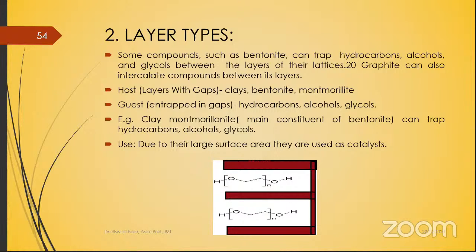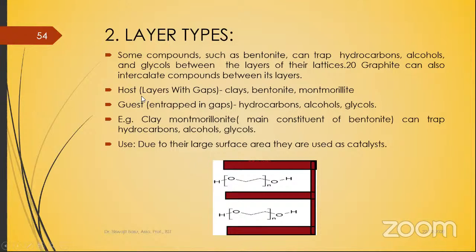Their uses are currently limited, but they may be useful for catalysis on account of a larger surface area. Obviously, in case of layer type complex, surface area will increase. So due to their large surface area, they are used as a catalyst.